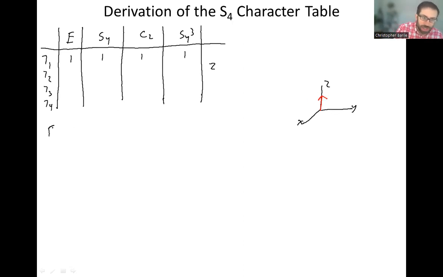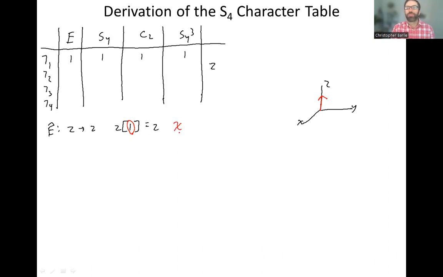And then we ask the question, hey, if I do the identity operation, what happens to the Z-vector? Well, you get back Z. And the one-by-one matrix that mathematically describes this transformation is just a one-by-one matrix with the element 1. We then take the character or the trace of this matrix. It's a one-by-one matrix. That's the sum of the characters along the main diagonal.